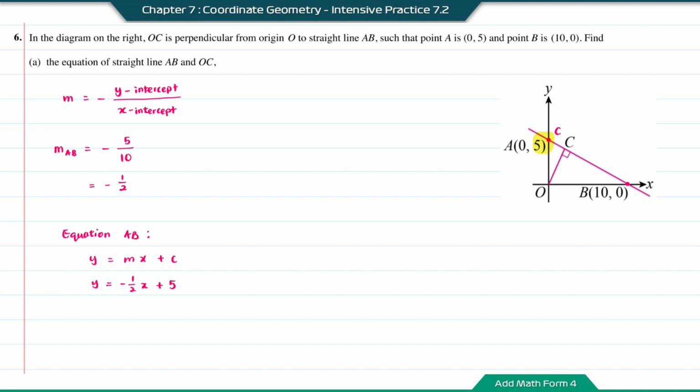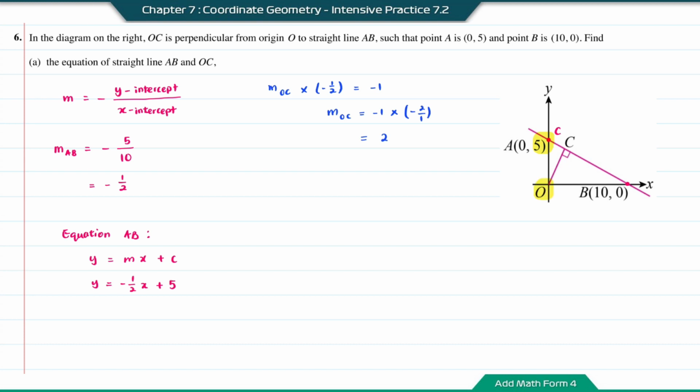As OC is perpendicular to AB, this means when we multiply the gradient of OC with the gradient of AB, which is negative 1 over 2, the answer is equal to negative 1. Then the gradient OC is equal to negative 1 divided by negative 1 over 2, which is the same as negative 1 times negative 2 over 1, which is equal to positive 2.